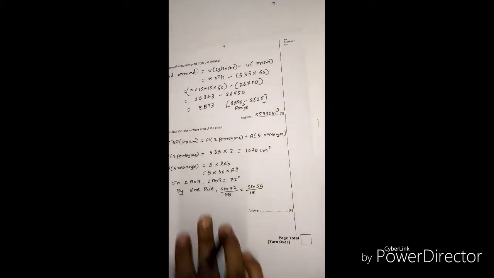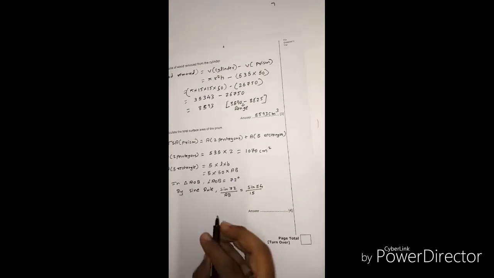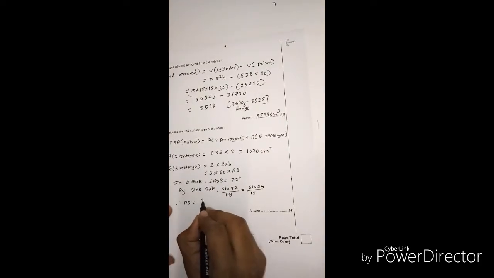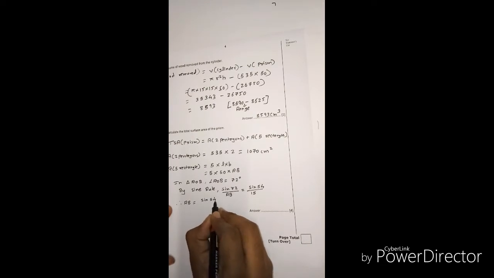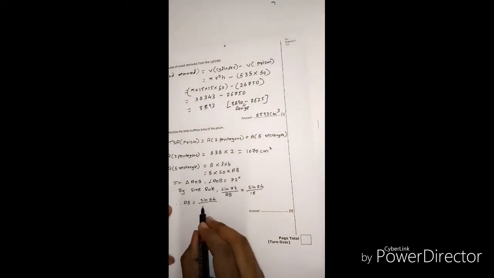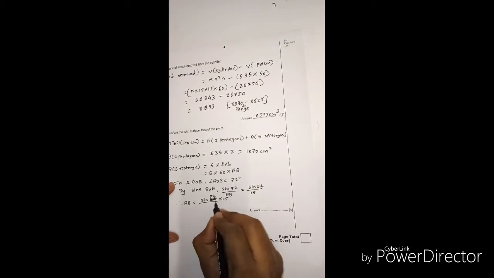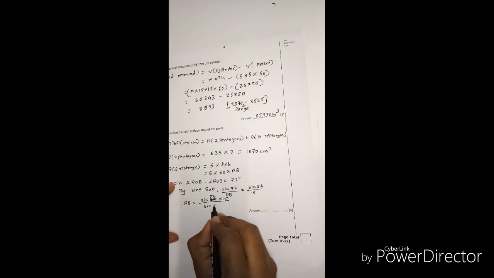Now by applying the sine rule, I will get the value of AB. Therefore AB will be equal to sine 72 into 15, the whole upon sine 54.